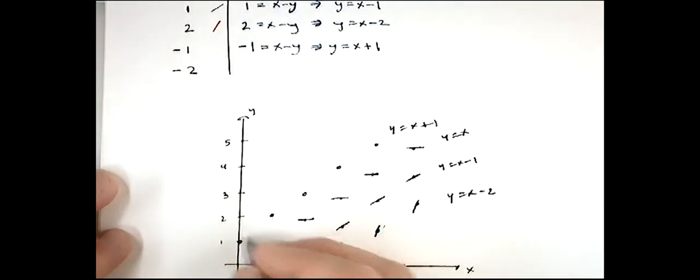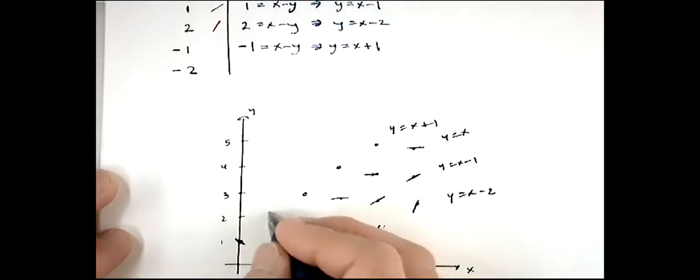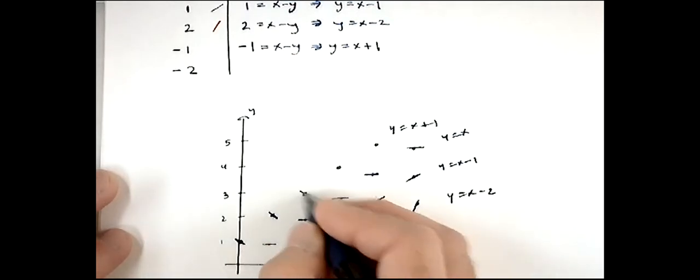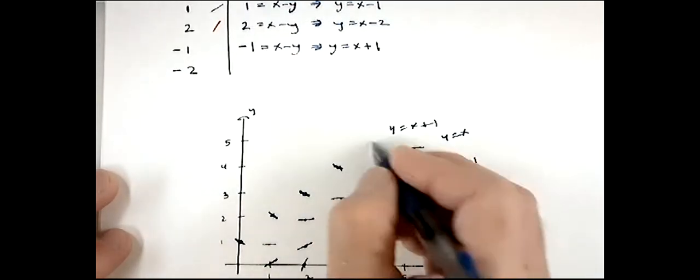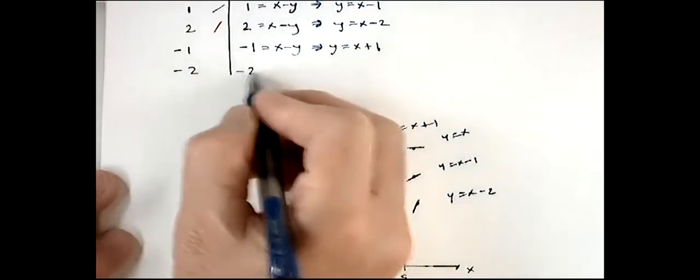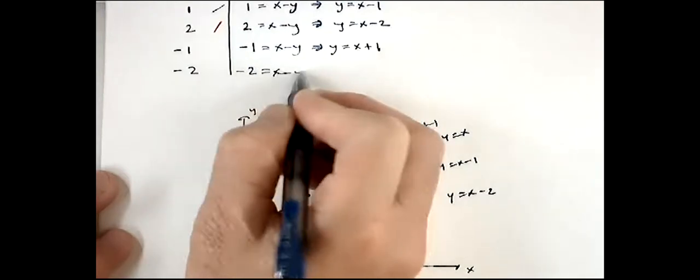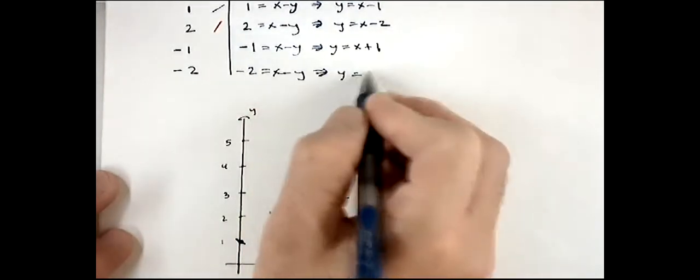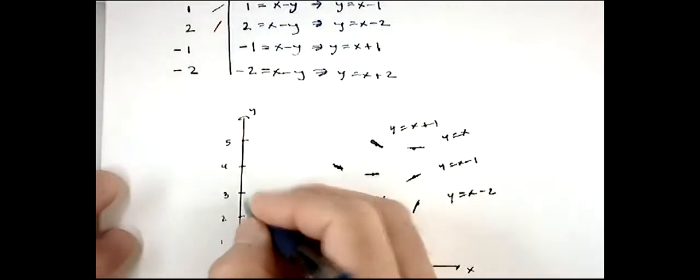And those slopes are kind of negative now, -1. And then one more: if dy/dx is -2, that gives you y equals x plus 2, which is just above again.